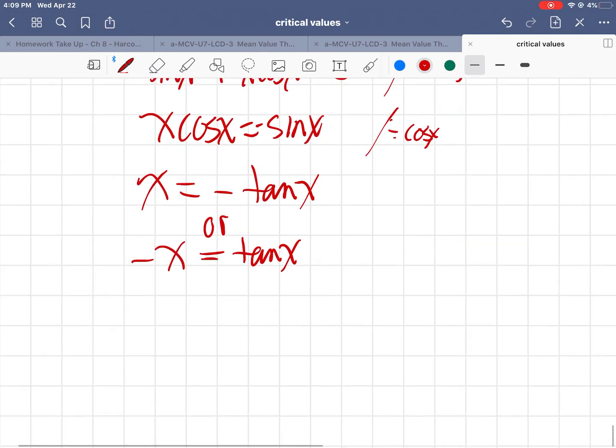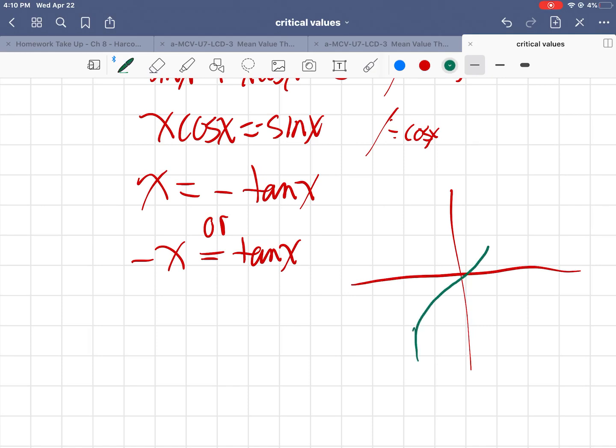Now there's no amount of algebra in the world that'll allow you to do that, so that's something you'd have to solve on Desmos. I don't know if you remember what tan looks like. It looks like this, and it's asymptotic. And then you'd have negative x coming down like that. And so we definitely know that one solution is x equals 0.